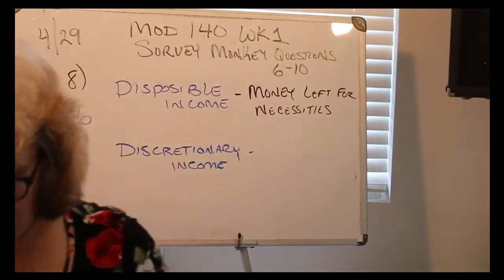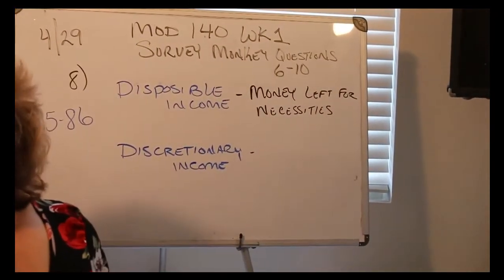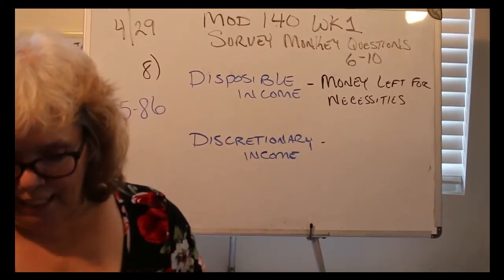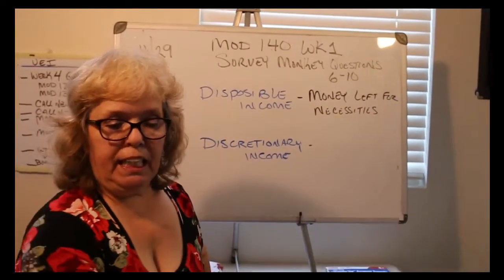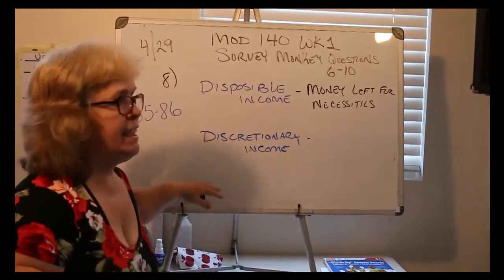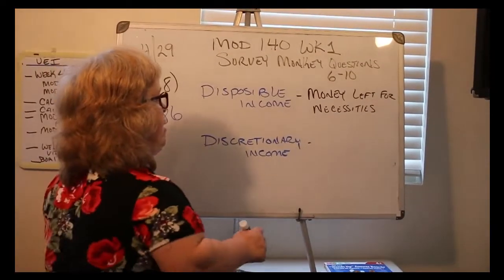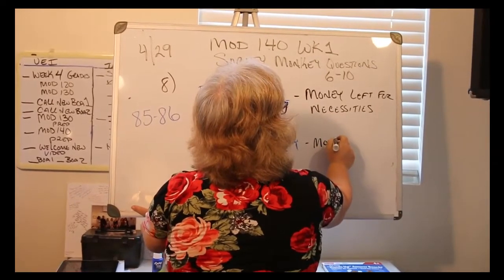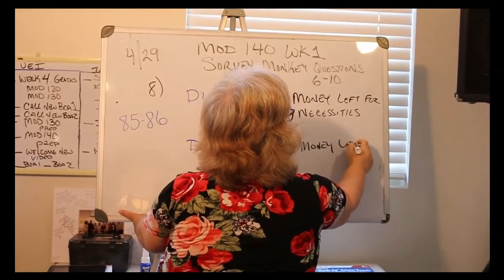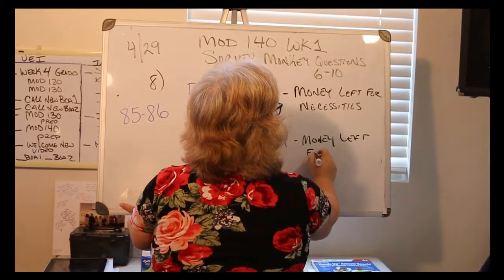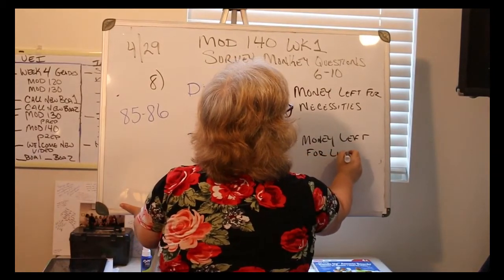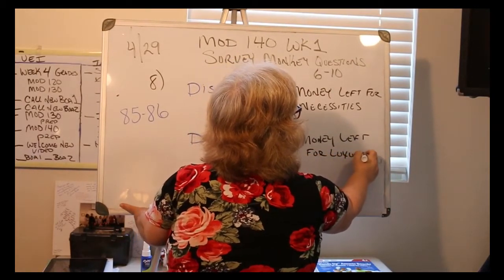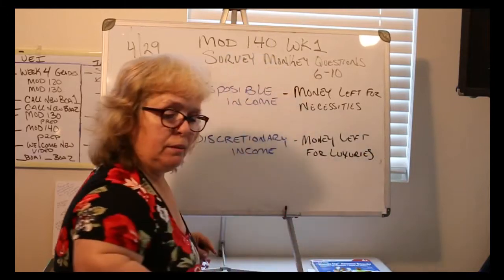And then discretionary income, again, is money after taxes, and then it's money after you pay for necessities, and then this is money left for luxuries.